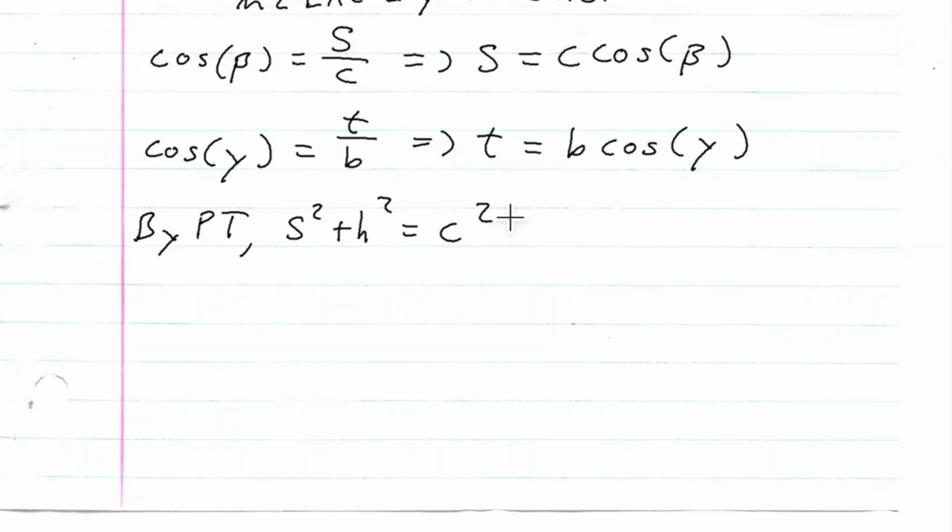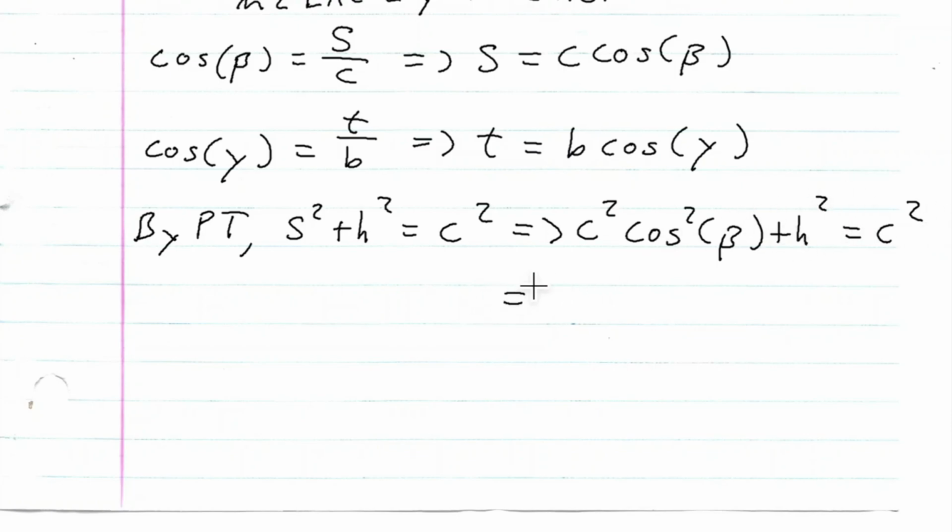Well, I solved for s, so this is the same thing as c squared cosine squared beta plus h squared is equal to c squared. And then solving for h, we get h squared is equal to c squared minus c squared cosine squared beta.